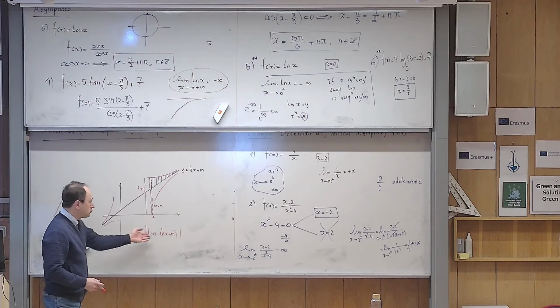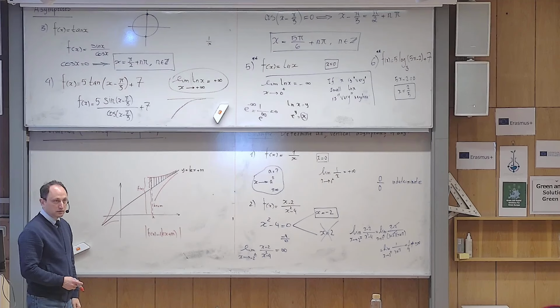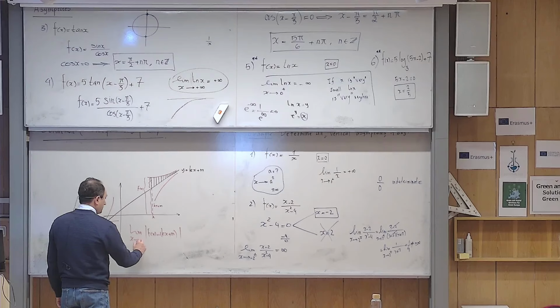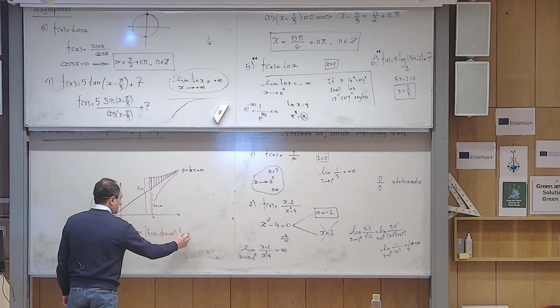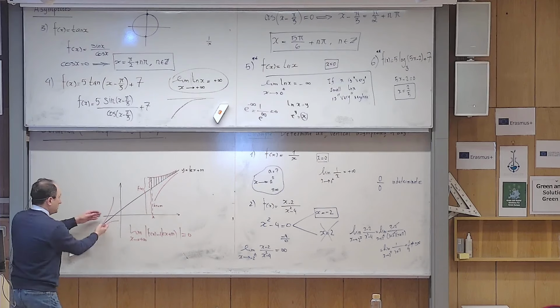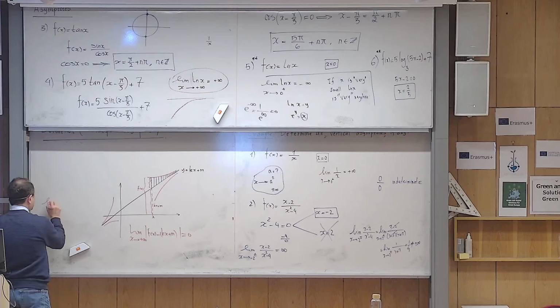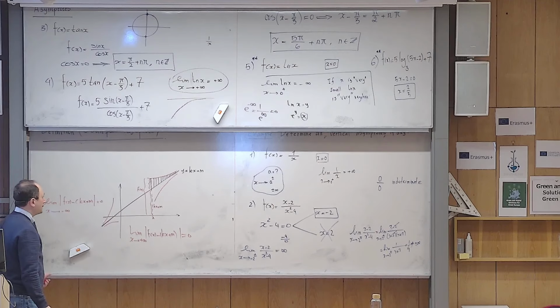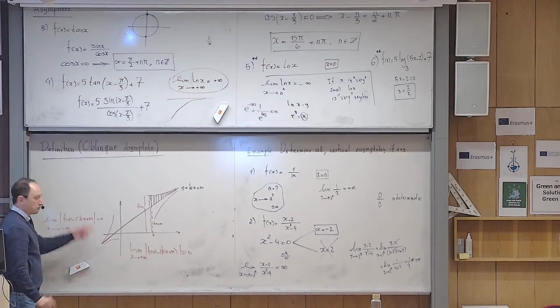I expect this to be what? 0. Yes? The limit as x goes to plus infinity is 0. This is for these two cases. For the other two cases, what can I write? The similar argument gives me this. So at the level of definition, I can write this.